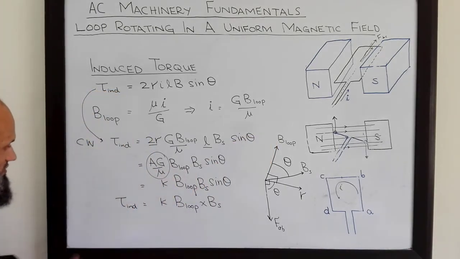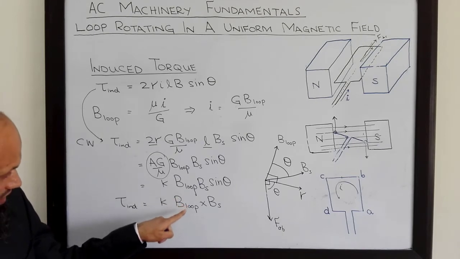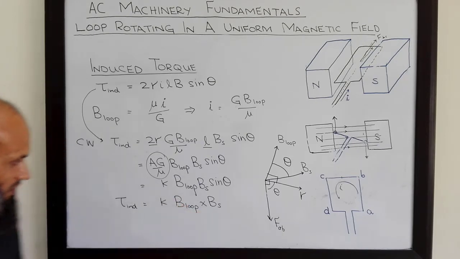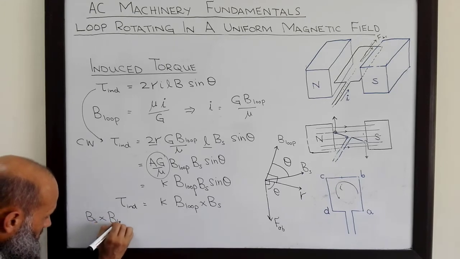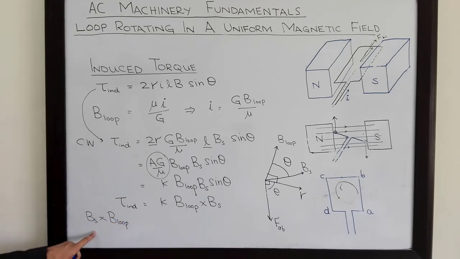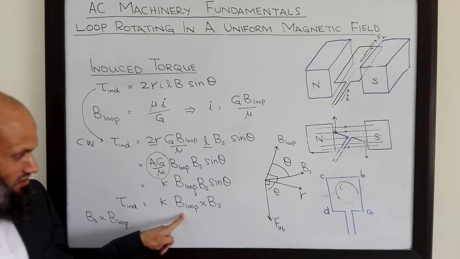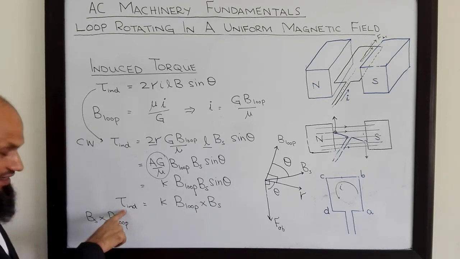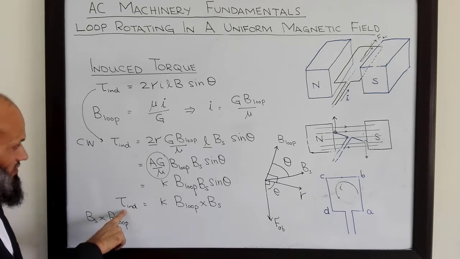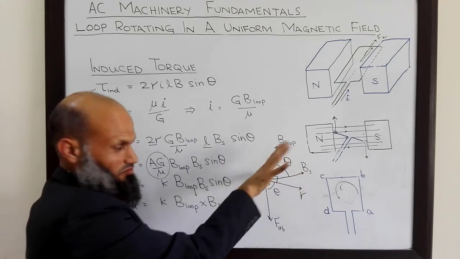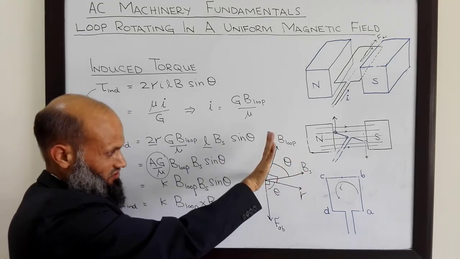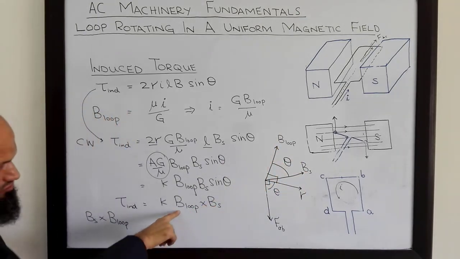This was clockwise. So now the question is why I have written it like B loop multiplied by B S, and why not the cross product of B S and B loop? Why not in this form? Because I should write it in the way such that direction of induced torque remains clockwise. So if B loop cross B S is in clockwise direction into the board, that is true.